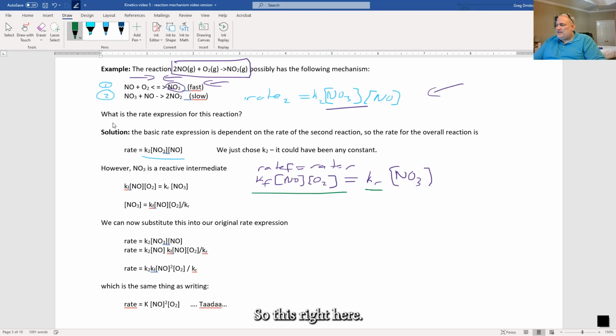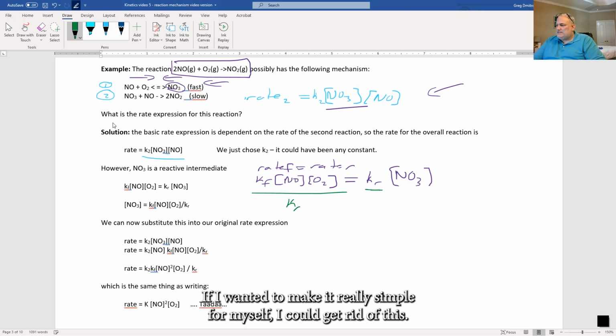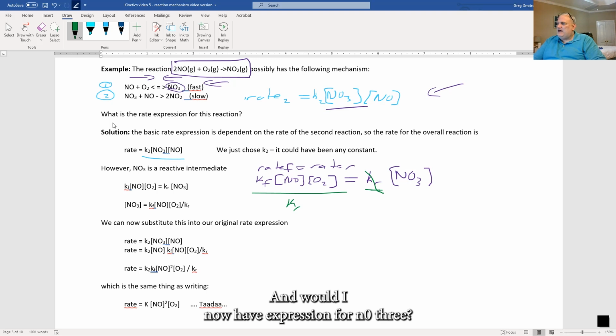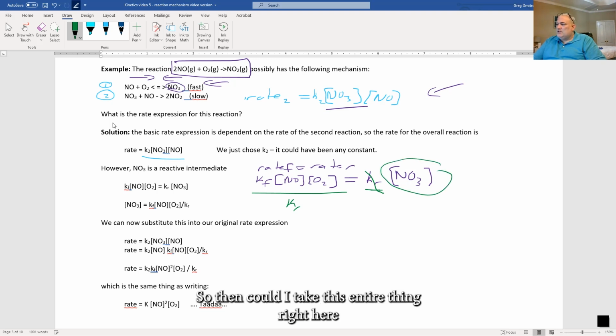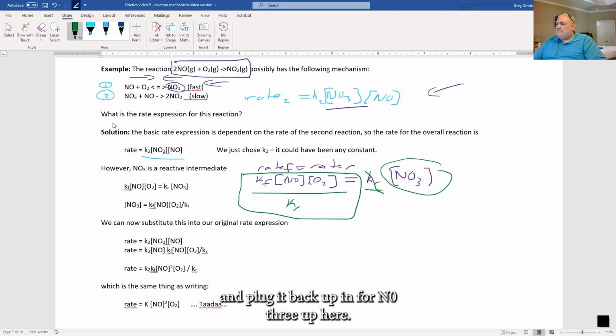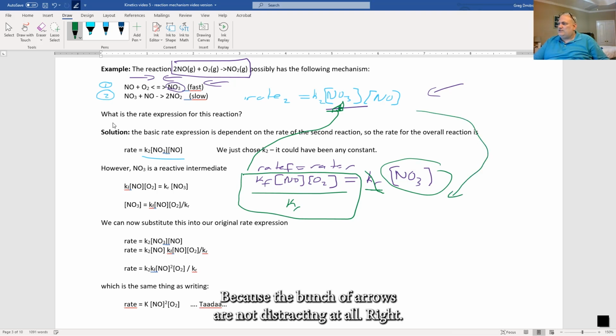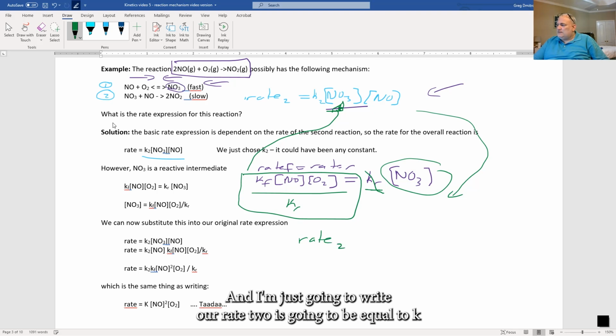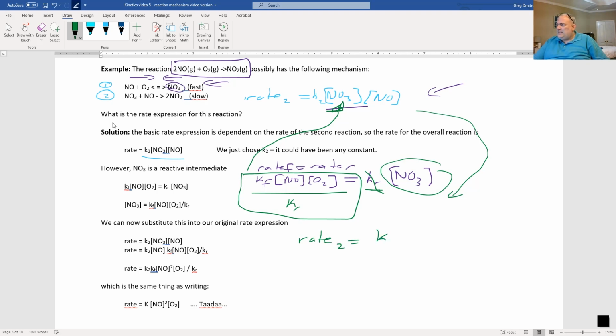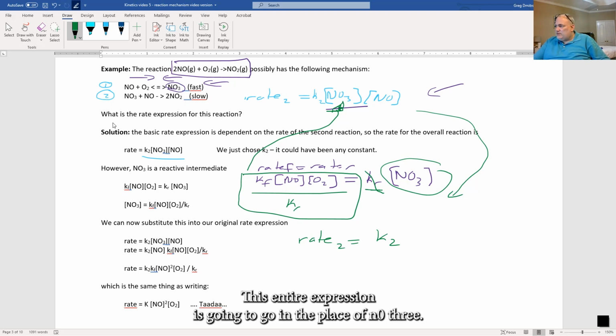So if I wanted to make it really simple for myself, I can get rid of this, and would I now have an expression for NO3? Then couldn't I take this entire thing and plug it back in for NO3 up here? So I'm going to take this entire expression and bring it down here, because a bunch of arrows are not distracting at all, right? And I'm just going to write rate 2 is going to be equal to K2 times this entire expression in the place of NO3.